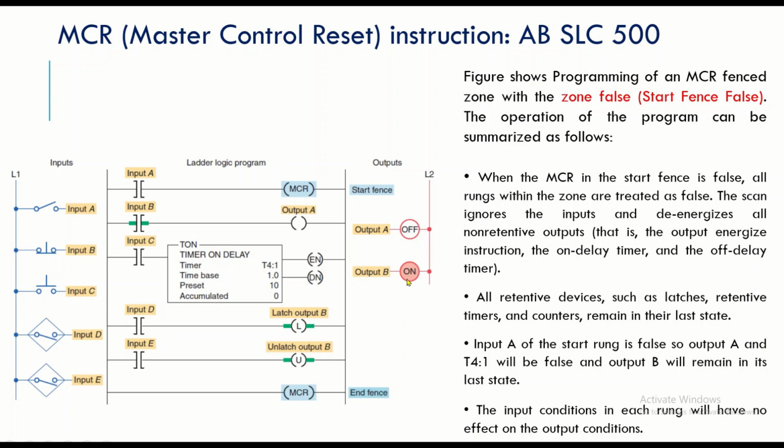That means once it is activated, in order to deactivate this coil or output, you have to unlatch it. So since it was in the on condition before the MCR was deactivated, it retains its on condition because of the retentive nature of the output. So this is the operation of the MCR, the master control reset instruction.